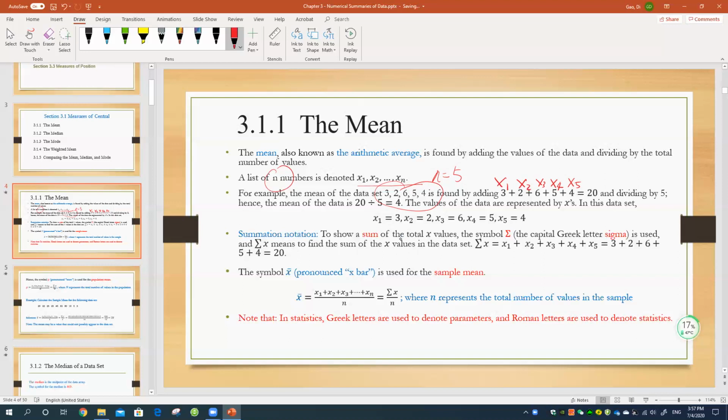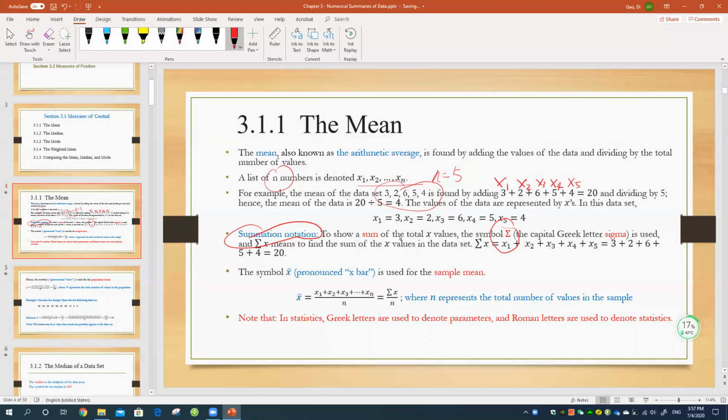Now let's look at some more notation, summation notation. So this summation notation shows the sum of the total x values. We're going to use this symbol to represent the summation, which is the capital Greek letter sigma, and then it is read as sigma.